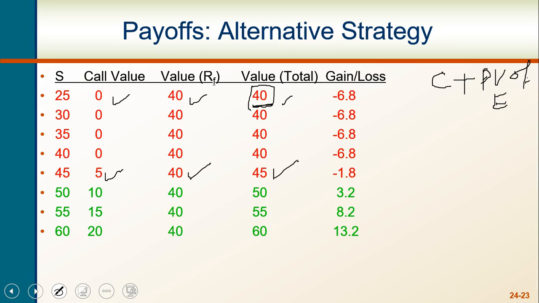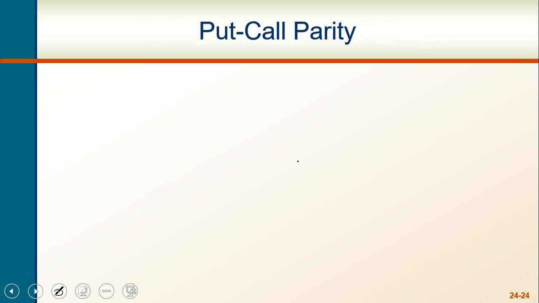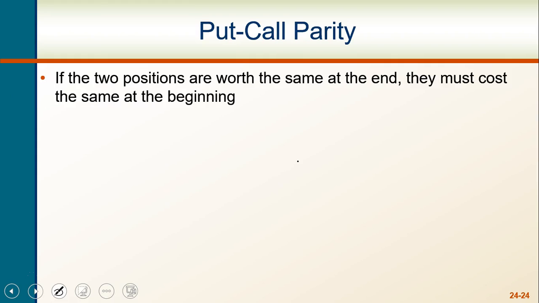So these are exactly the same payoffs as we obtained with the previous strategy known as the protective put. So once we know that both strategies give us the same payoffs in the end, they also must cost the same in the beginning, right? So that is what leads us to the put call parity condition. So let's look at what the put call parity condition is.